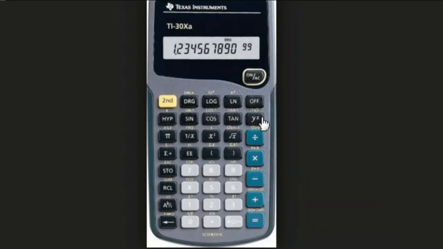You have it right here. If you have this TI-30XA, you have to hit the second function. So you'd probably go 4, second, y to the x, then put in the 256 and hit equals. Or it might be backwards.